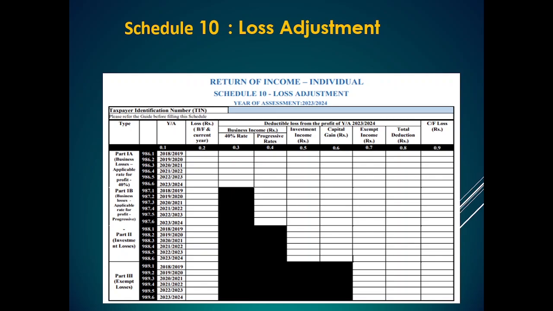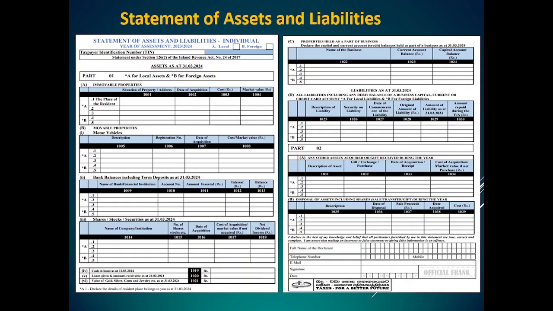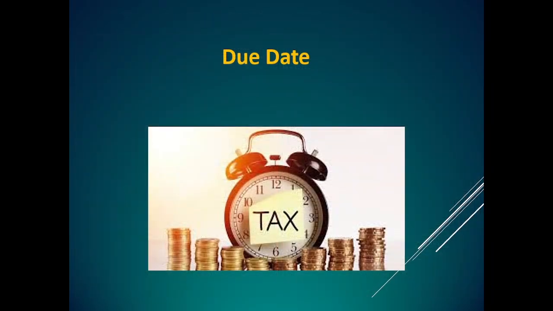Like all schedules, whichever is applicable to you must be completed. Other than the income tax return and mandatory schedules, you have to complete another set of documents, the statement of assets and liabilities.